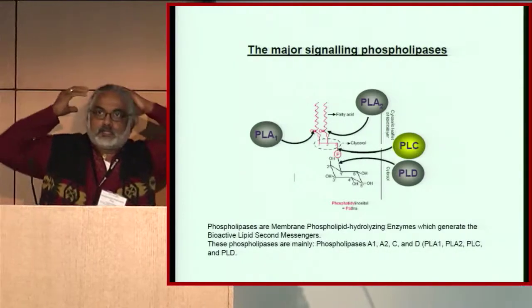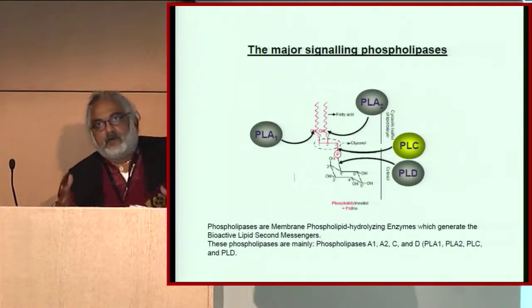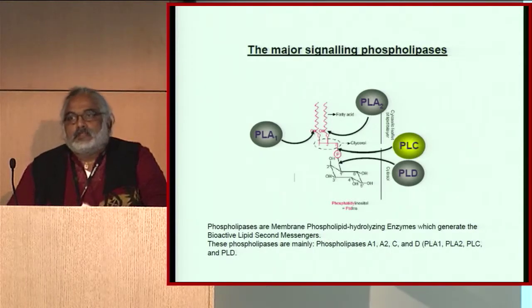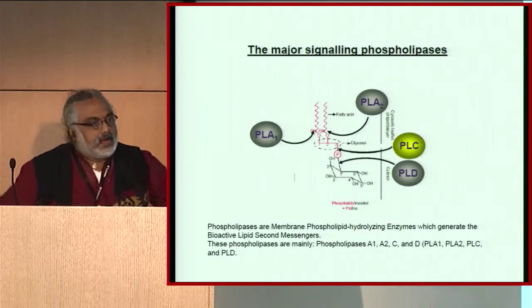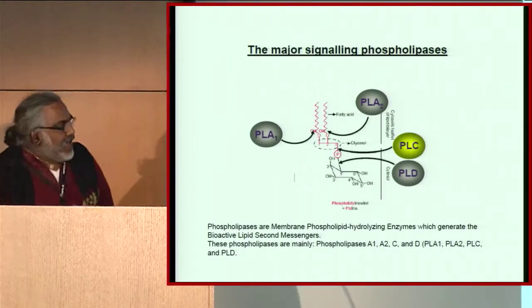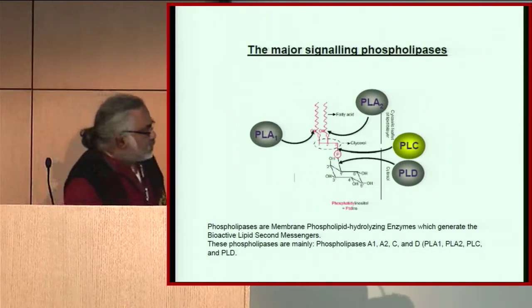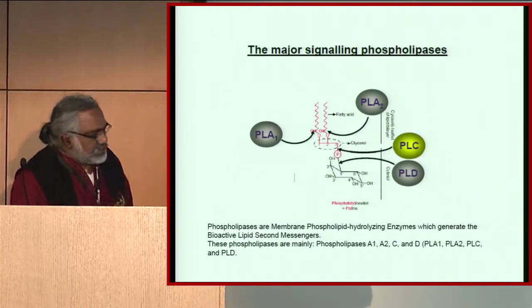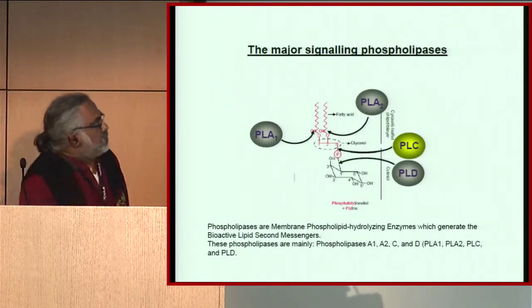One of the things we are interested in is that these membrane phospholipids are in a constant metabolic flux. There are enzymes that hydrolyze these fatty acids as well as the head groups of the phospholipids, and these metabolites are released and operate cellular functions.